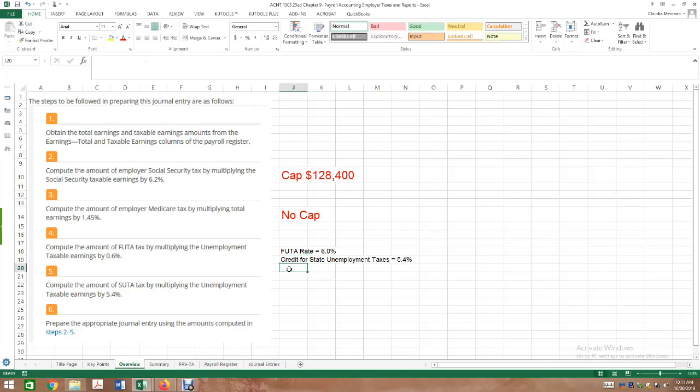So therefore, your net FUTA rate is equal to the 0.6% that they're disclosing right here. The rate is the 6% minus the credit of 5.4%, so your net FUTA rate is 0.6%. And this is applied to the first $7,000 of earnings of each employee.